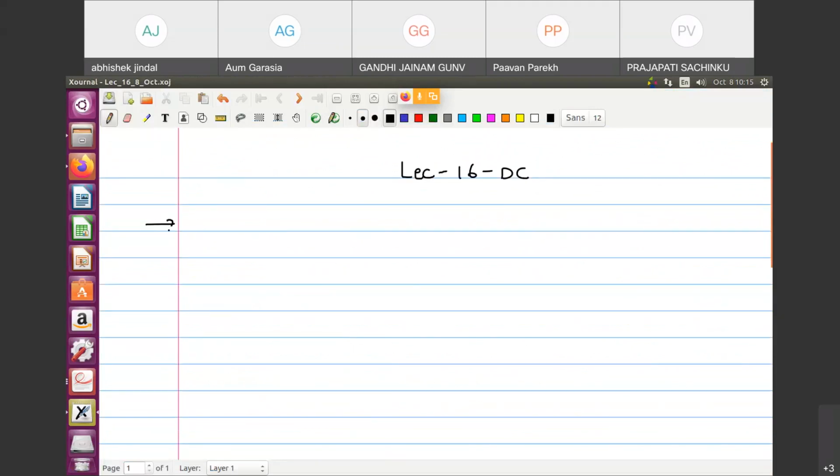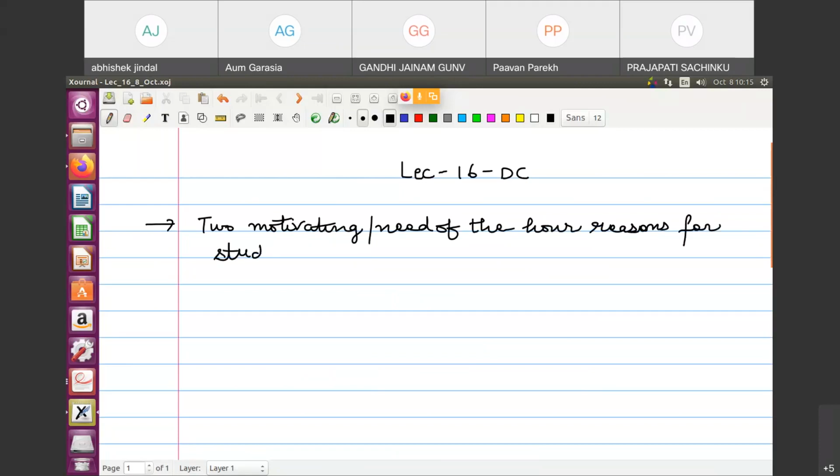So there are two motivating concepts, the need of the hour, two reasons for studying ISI, studying pulse shaping to avoid ISI.